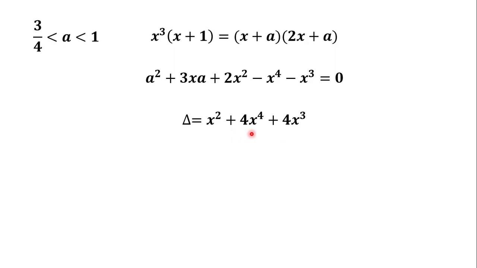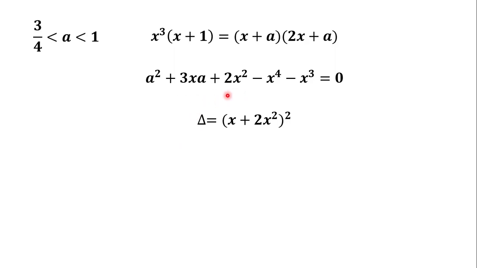These three terms form a perfect square trinomial, and this can be written as a perfect squared binomial. The first term is x, and the second term is 2 times x squared.